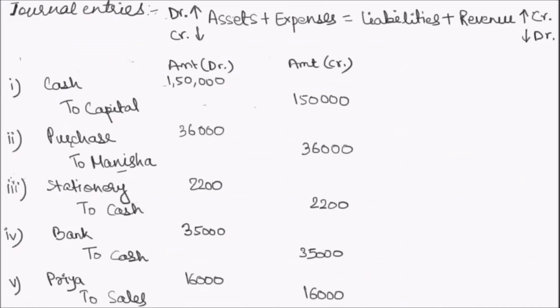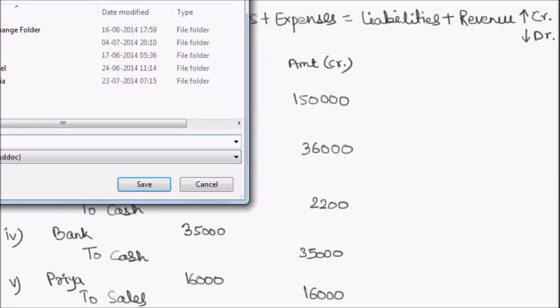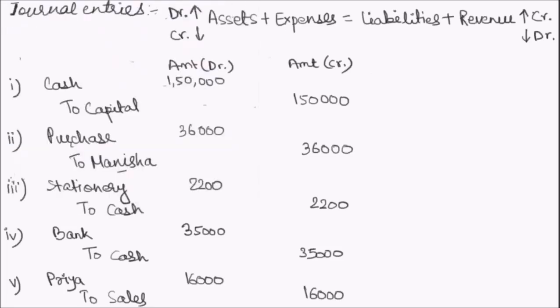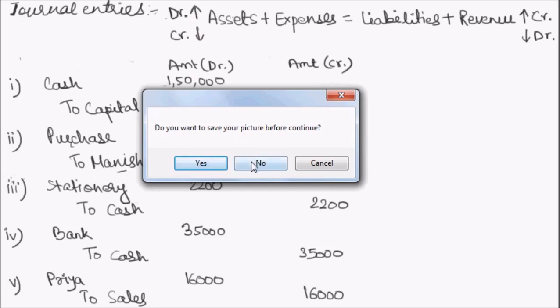So the next entry would be, and let us first start a new page. So our sixth transaction would be bank account to Priya account.